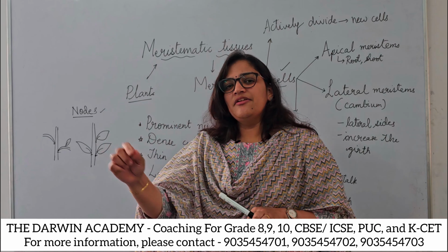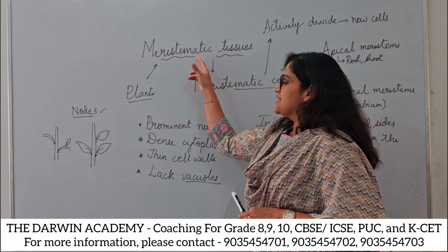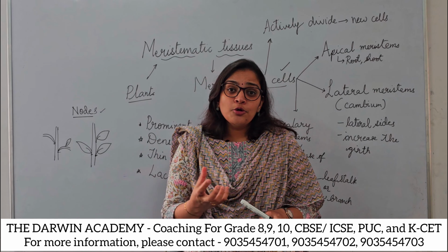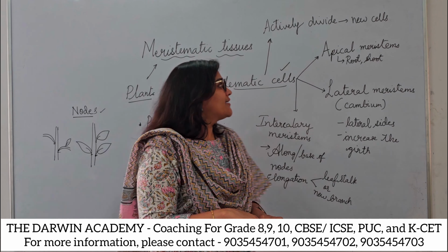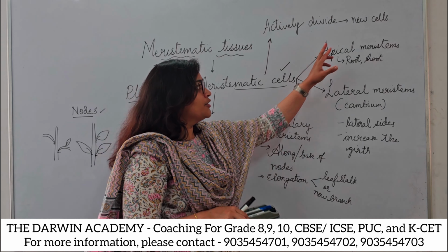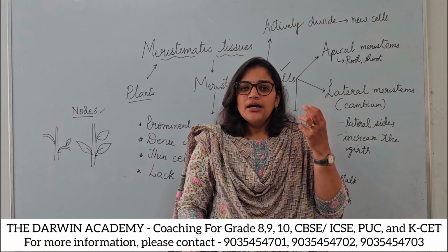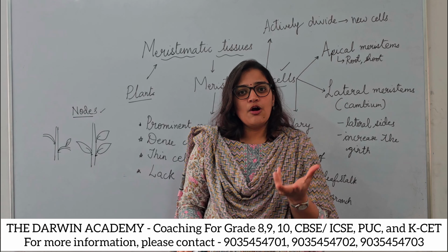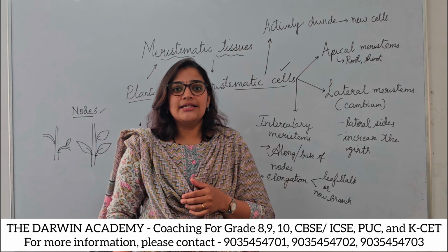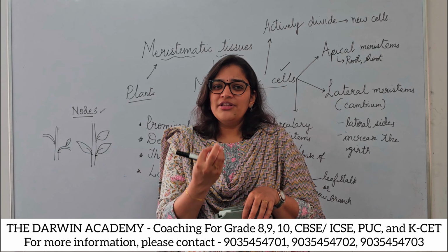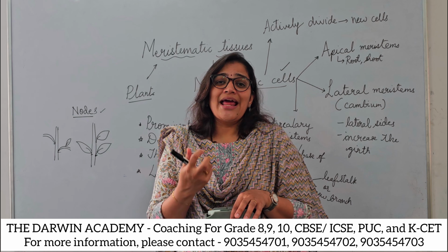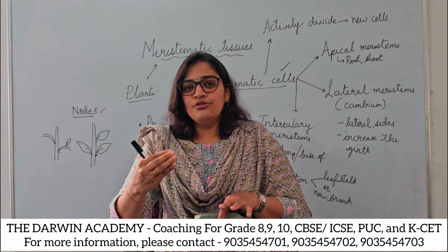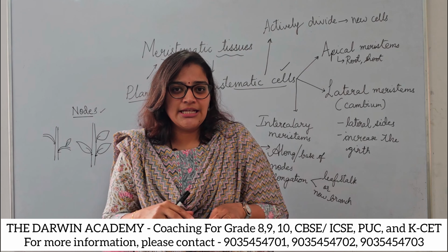Let me quickly revise. We are talking about meristematic tissues today. Meristematic tissues are a group of cells which actively divide to produce new cells. Out of these new cells that are formed because of active division of meristematic cells, some of these cells retain their active dividing capability and they continue to divide and produce new cells.